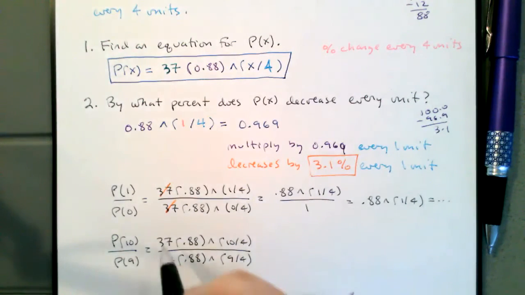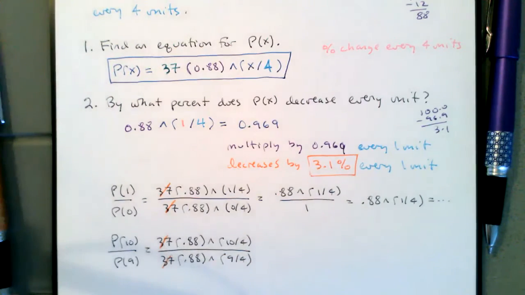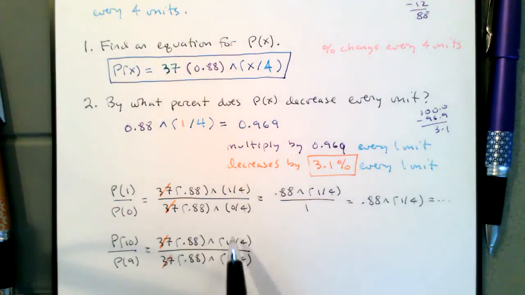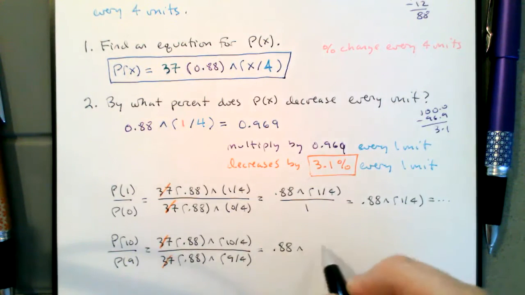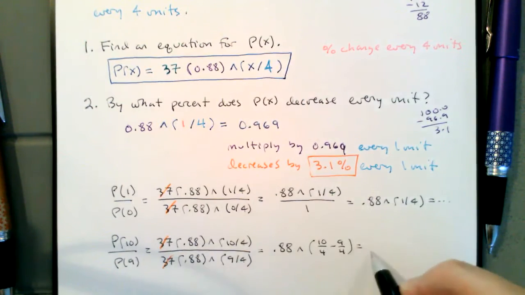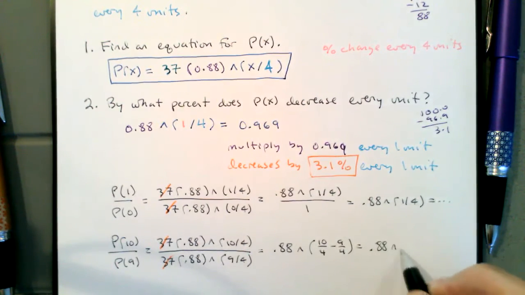Just like before, the 37s cancel out. And when we're dividing things with the same base, we subtract the exponents. So it's 0.88 to the 10/4 minus 9/4, which is 0.88 to the 1/4.